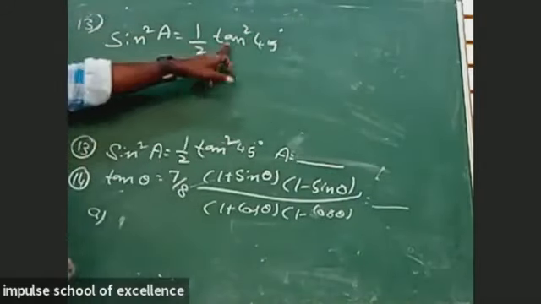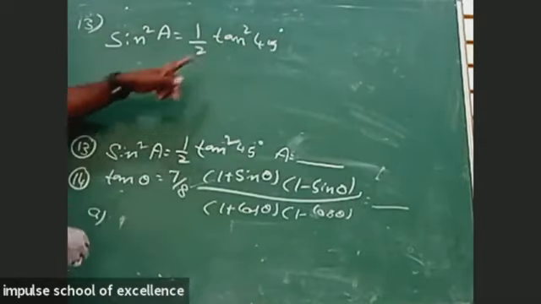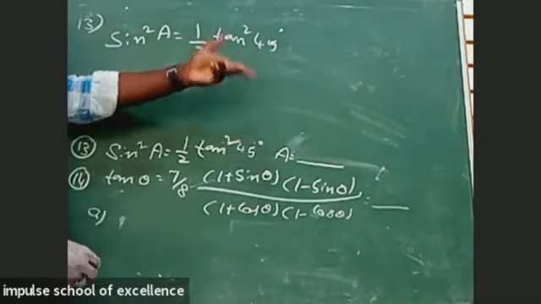We know that tan 45 is equal to 1, and 1 square is equal to 1.